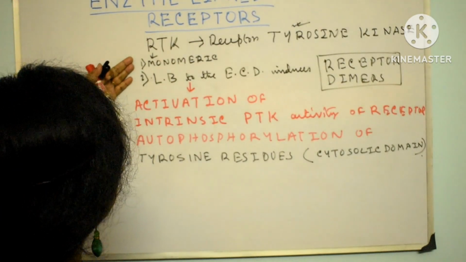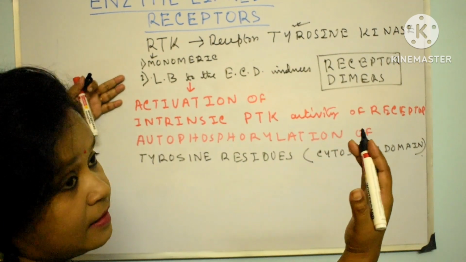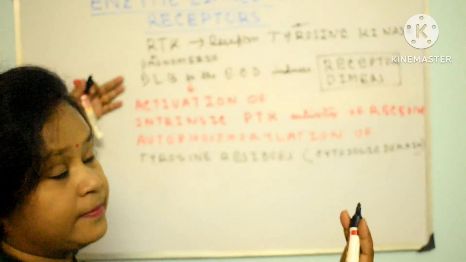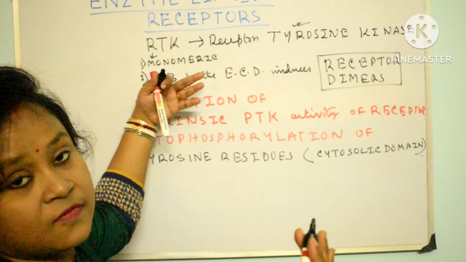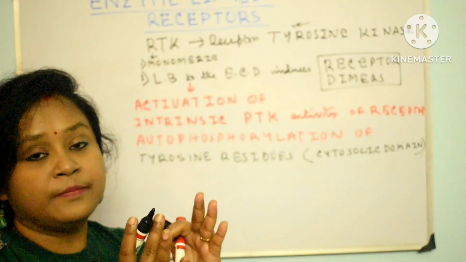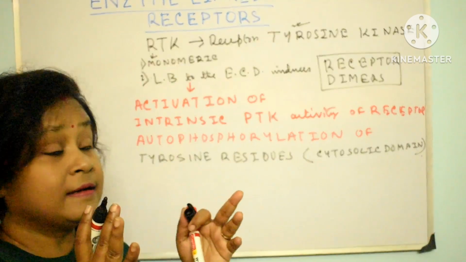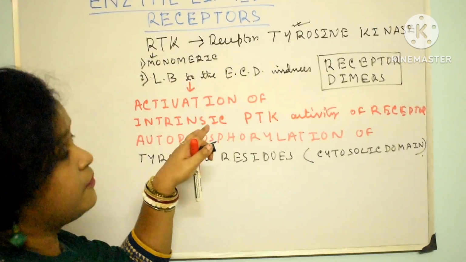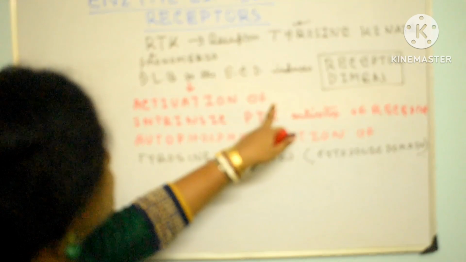Normally they are monomeric. After binding ligand at the extracellular ligand binding domain, changes occur in the cytosolic domain and two monomers become united to make a dimer. After formation, the dimer induces what?